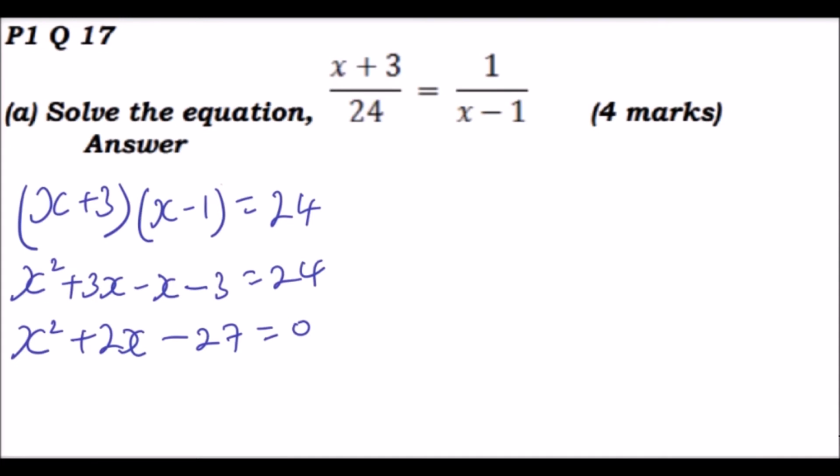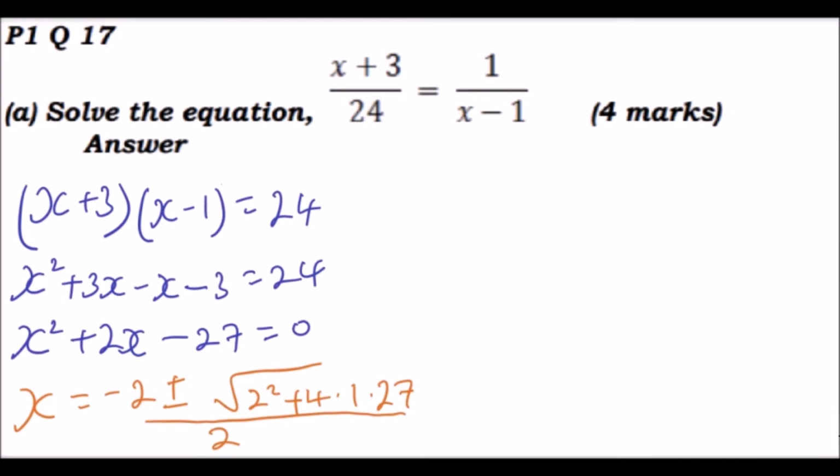So we are going to use the formula x is equal to minus 2 plus or minus the square root of 2 squared minus 4, where a is 1 and c is minus 27. So we put 27 and we change this to positive. All this is divided by 2 times 1, which is 2.